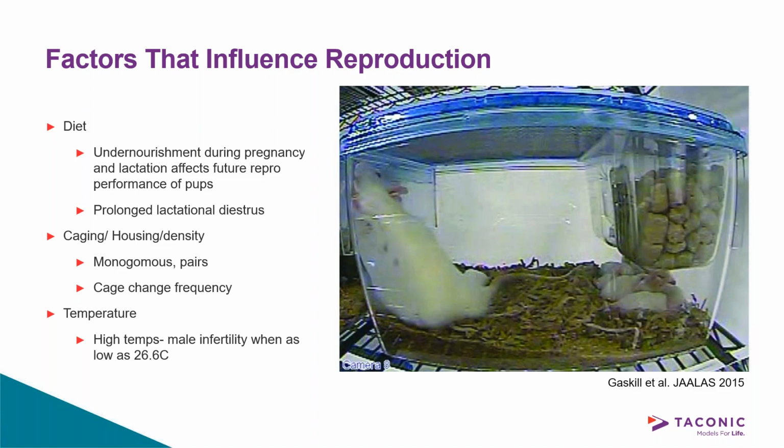And as in most species, if they're undernourished during pregnancy and lactation, then that would affect that litter. But what's interesting is that it also affects the reproductive performance of those pups when they mature.